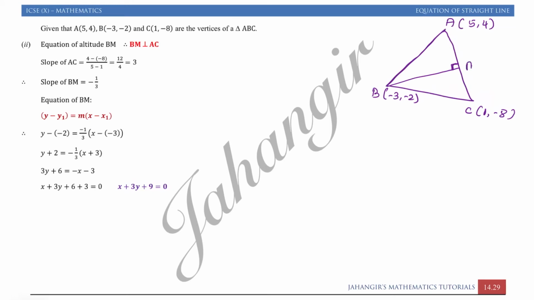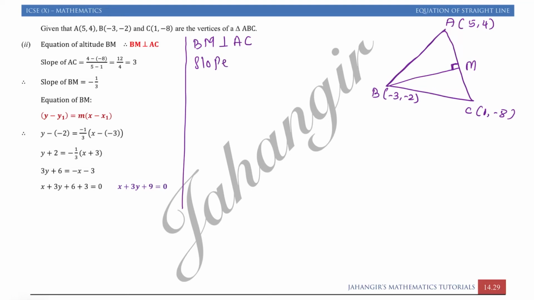So this is BM. BM is perpendicular to AC. So we find the slope of AC, because slope of AC multiplied by slope of BM is equal to -1.